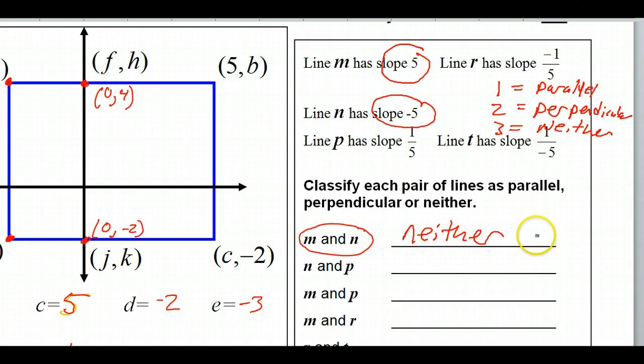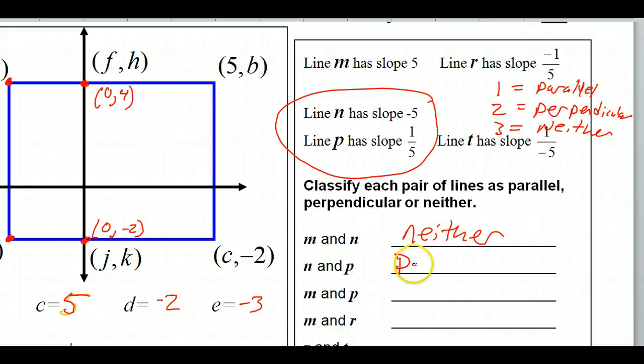If they're perpendicular, they should be opposite sign and reciprocal. Reciprocal would be like this: one of them would be a fraction like 1/5. So that should be neither.